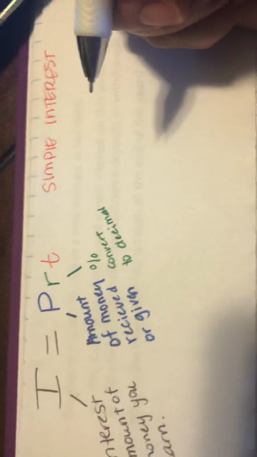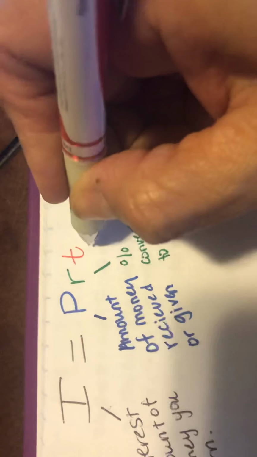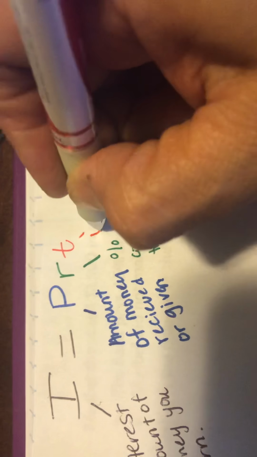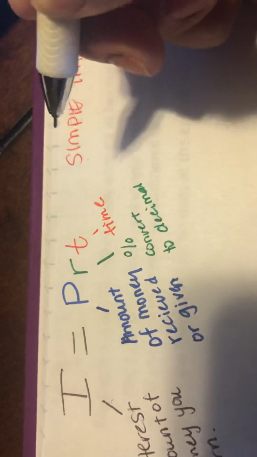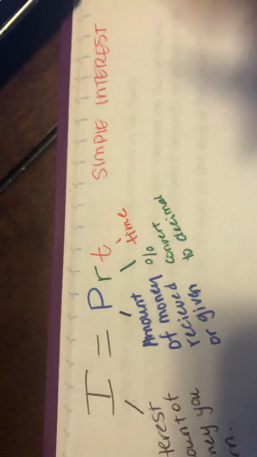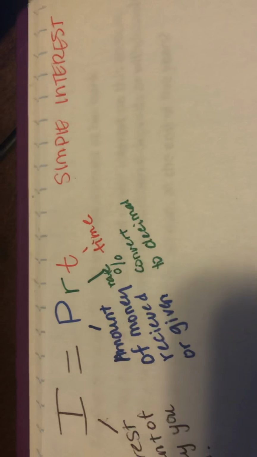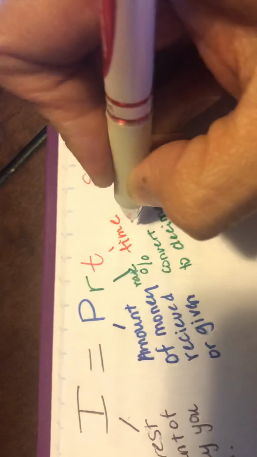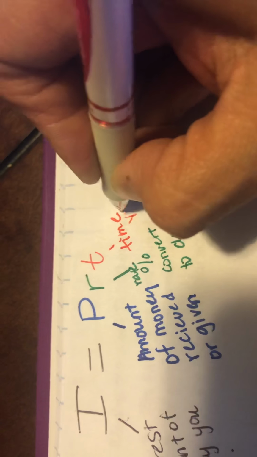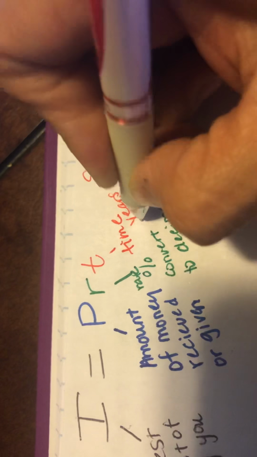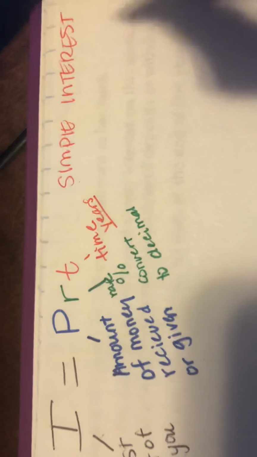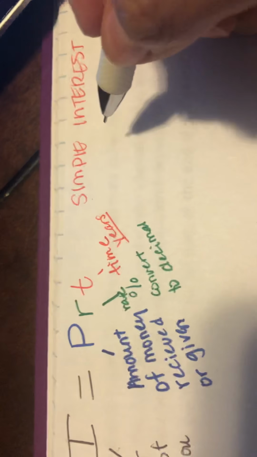So I apologize. And T is amount of time, means time. Oh, I know what I forgot to write. I forgot to write rate. So that means time, and we do that in years. In years. So I'm going to show you. If they give you a time in months, we have to divide it by 12 to get the number of years.